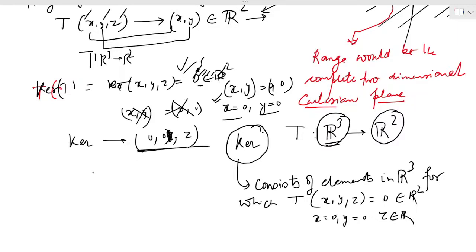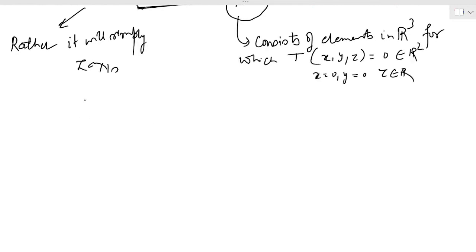So not origin, rather it will be simply the z axis. Is that clear? Or not clear? So for example, I'm again drawing a diagram. Let's say this is my three-dimensional space, which is R cube, and this is my two-dimensional space.